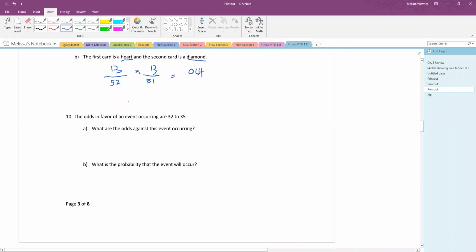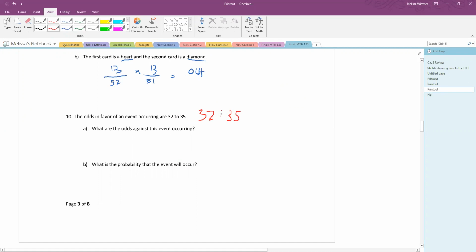Okay, if the odds in favor of an event occurring are 32 to 35, then let's find the odds against. Notice how they wrote the word "to." You can also write that as 32 colon 35. It means the same thing. And 32 and 35 don't simplify or reduce.